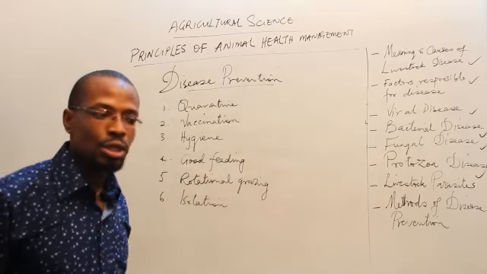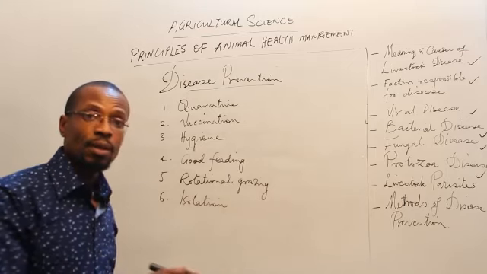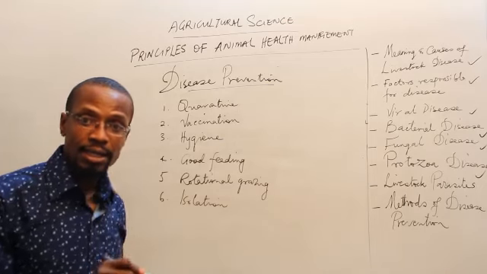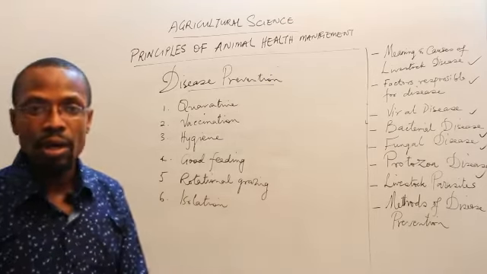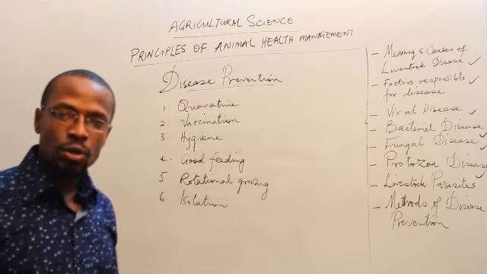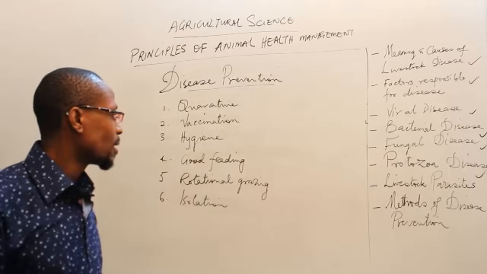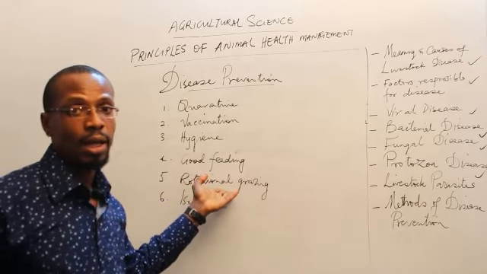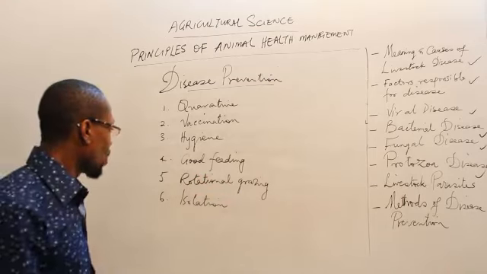So the best thing to do is the cattle grazes here today, the next day you take them somewhere else, the next day somewhere else, before you come back to that same place again. You just keep rotating it like that, and that way you can avoid your cattle contracting diseases.